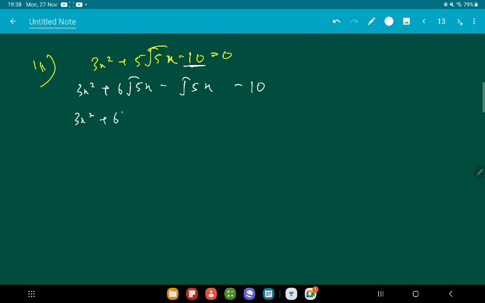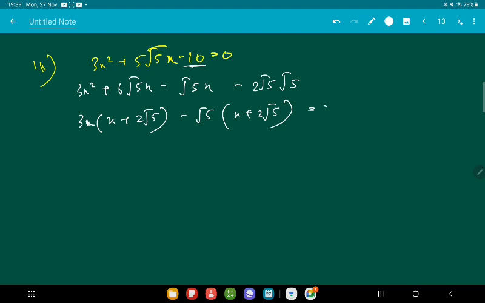3x square plus 6 root 5x minus root 5x minus 10. Okay, this is how it will be done. Minus 10 you can write it down as root 5 into 2 root 5. Like this is also you can do if you want. Now what we should take as common, let me rub this part. 3x I am taking common, x plus 2 root 5, root 5 x plus 2 root 5.